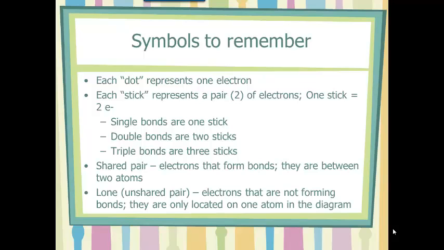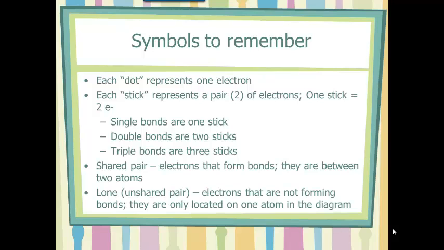We would represent that with 3 sticks. When you look at a Lewis diagram, there are shared pairs, which are the electrons that form the bonds. They're drawn between atoms. And there are unshared or lone pairs. Lone pairs are the ones that are around the edges of the diagram. They're not forming bonds. They're only there to help an element give its octet.